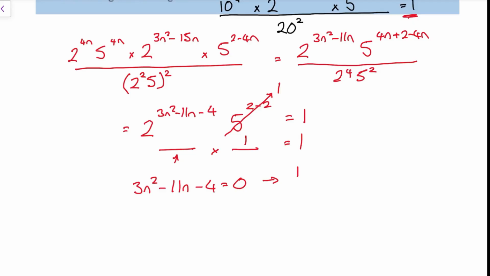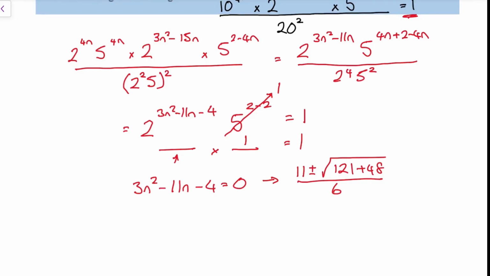So that means that n is going to be equal to 11 plus or minus the square root of 11 squared, which is 121, minus minus 4 times 3 times 4, which is 48, all divided by 2 times 3, which is 6. Now, again, little things here make me feel a bit more confident. First of all, 121 plus 48 is 169, and I know the square root of 169 is 13.